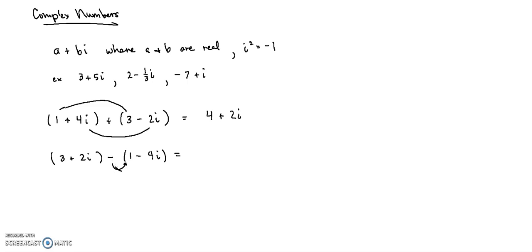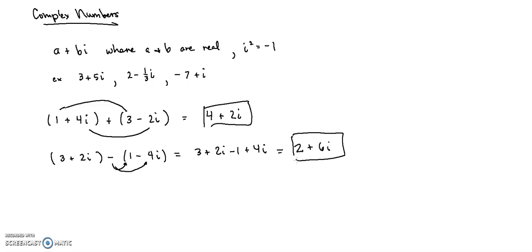So we're going to get 3 plus 2i minus 1 plus 4i. Distribute that negative and then combine like terms. So I'm going to have 3 minus 1 is 2, 2i and 4i is 6i. And if you notice, my final answers here are in the form that we want, a plus bi. You're not done until you're in that form.